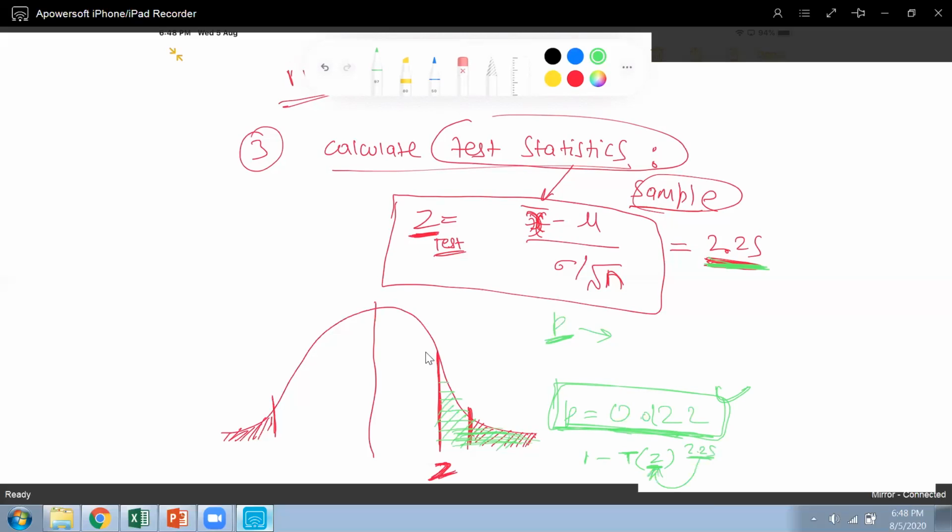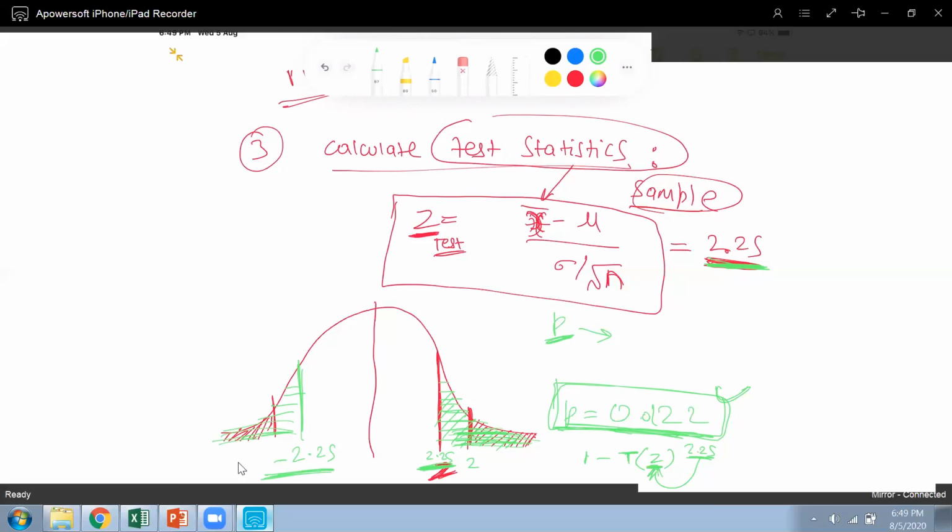But instead of that I can do this also, because this curve is symmetrical. For 2.25 I will find the area with respect to negative 2.25. So this area will be equal to this area. Are you able to understand this?